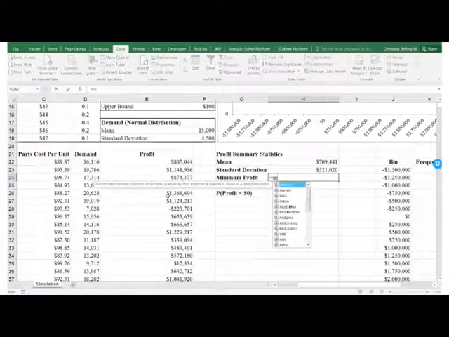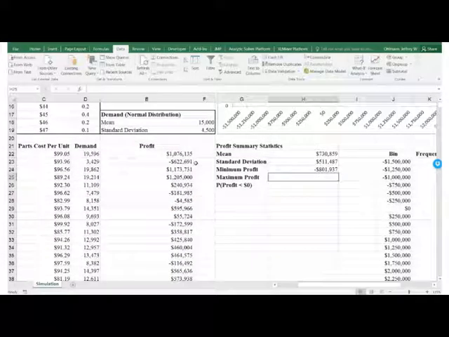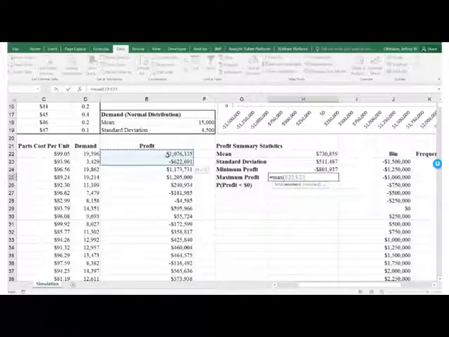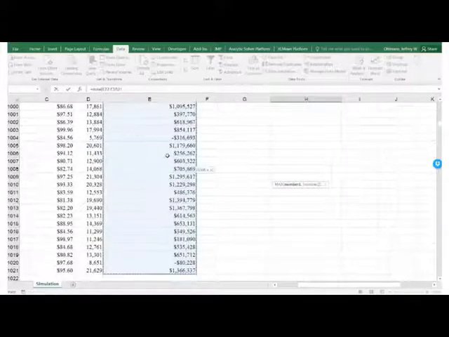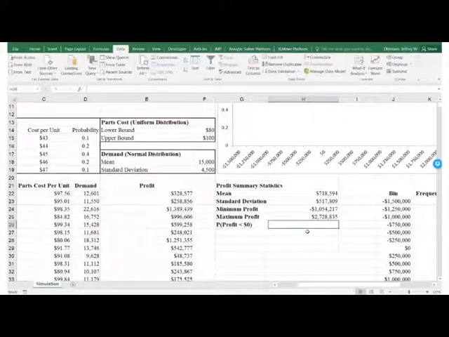We can find the minimum profit out of the 1,000 values. The maximum profit. And we could also compute a percentile.